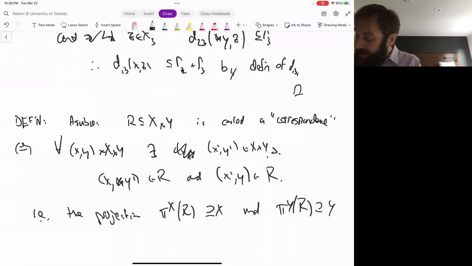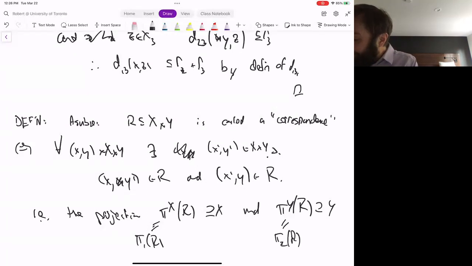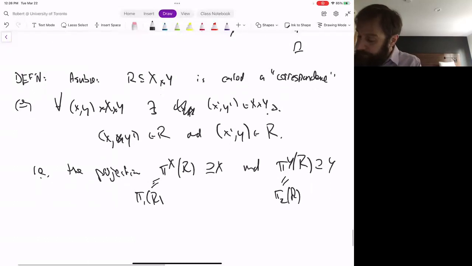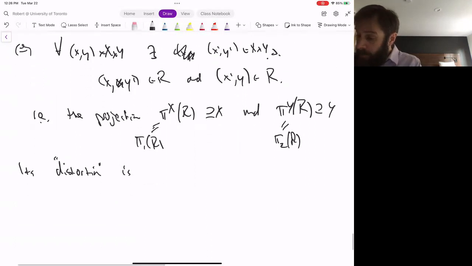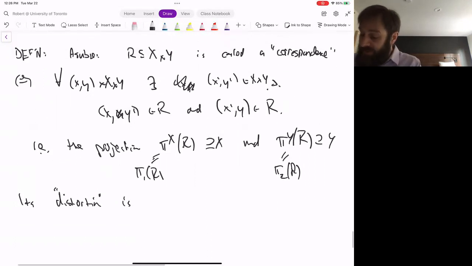Maybe I should say, the projection onto the first factor of R covers X, and the projection onto the second factor of R covers Y. And you can define the distortion of a correspondence, which basically measures how much distances change.